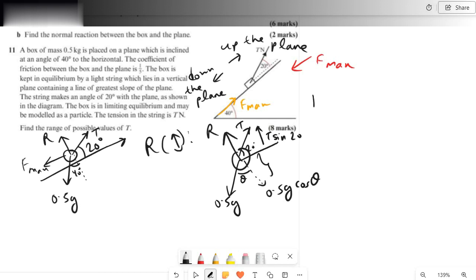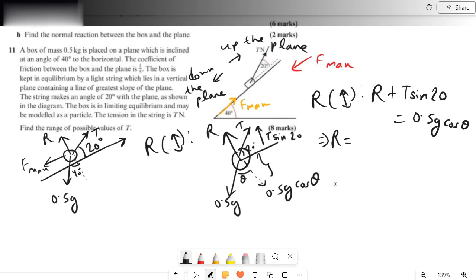So resolving vertically, R plus T sin 20 is equal to 0.5g cos theta. Therefore, R is equal to 0.5g cos 40, as theta is 40, minus T sin 20. And this is the expression for the normal reaction force.